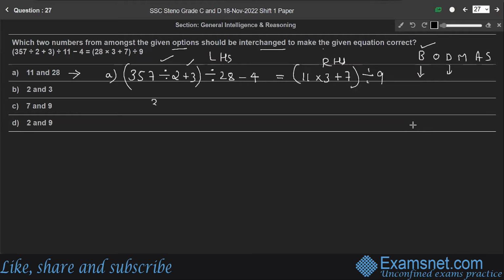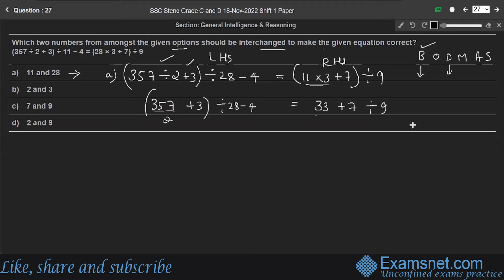So 357 divided by (2 plus 3), whole divided by (28 minus 4), which should be equal to, inside the bracket, we have multiplication and addition. Go for multiplication first: 11 into 3 is 33, plus 7, divided by 9.